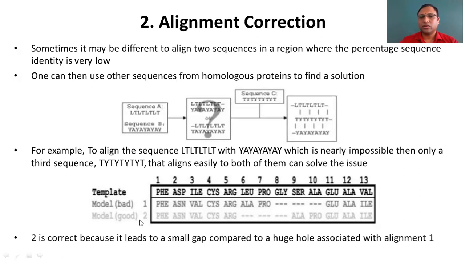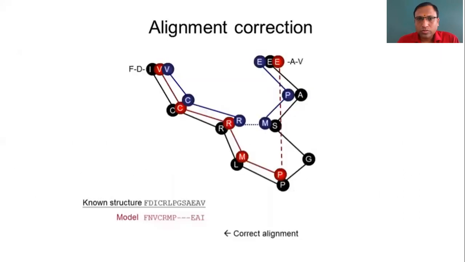Another thing is that sequence 2, which is below, is having a lesser gap compared to the upper one. When we align like this, we can find that this is the correct alignment taking place. Based on that, we can correct it and identify it.